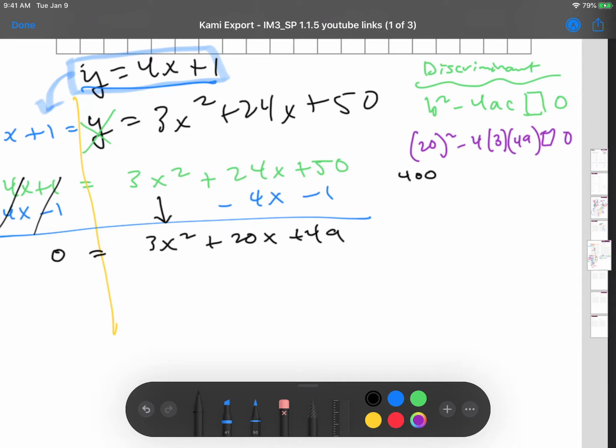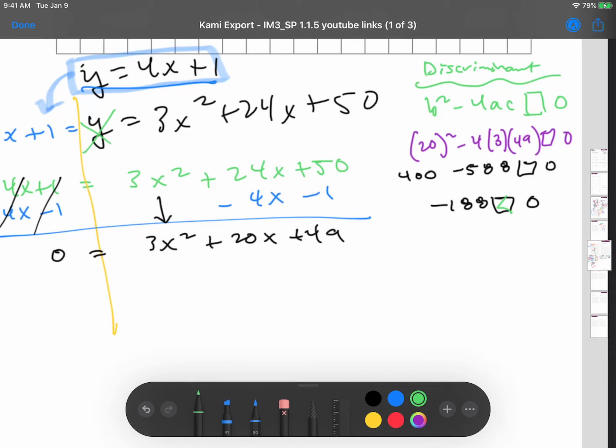And then negative 4 times 3 is negative 12, times 49 gives me negative 588. If you add those together, that's negative 188. So what can I put in this box as an inequality? Negative 188 is less than 0.